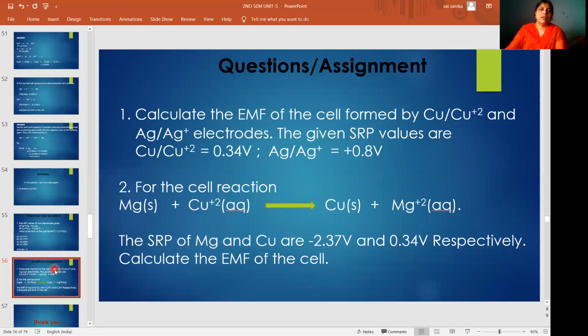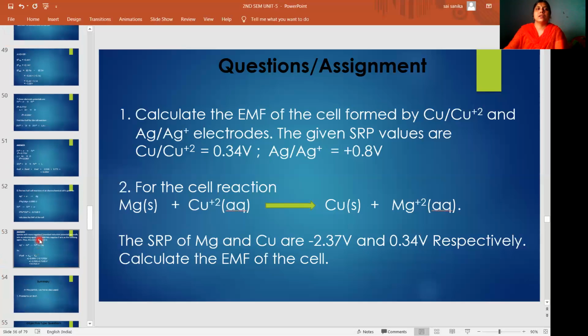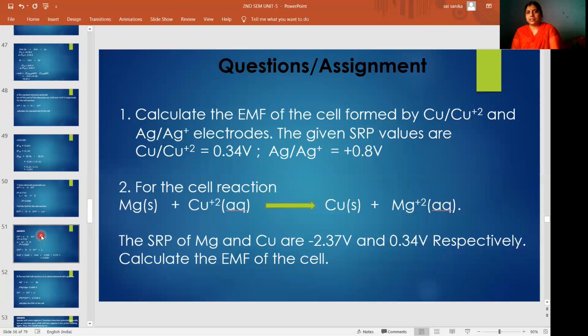So simply like this, you can solve the problems. And these problems are important for 3 marks questions. Direct simple SRP values and cell representation can be asked for 1 mark also. But maximum they will ask for 3 marks questions. Compulsory you'll get these EMF problems in the final exam. This 5th unit carries maximum marks for the final exam.